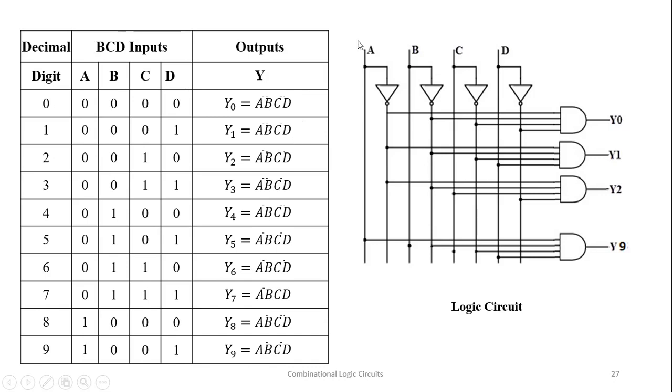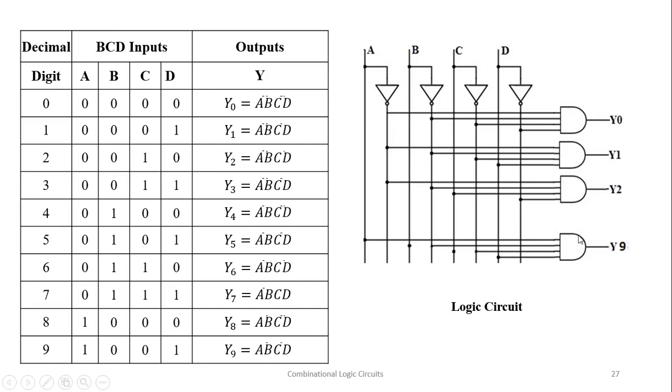So this is the implementation of this code. For Y0 we have A bar, B bar, C bar, D bar. For Y1 we have A bar, B bar, C bar, and D. This is taken from here. And for Y2 we have A bar, B bar, C, where C is taken from here, and D bar. So this is Y2.